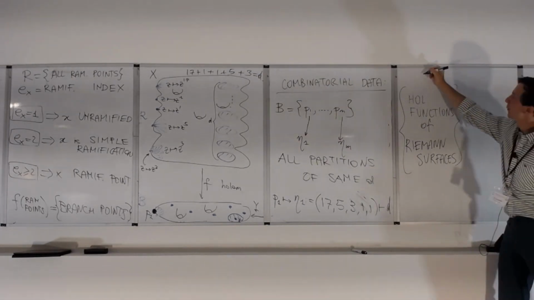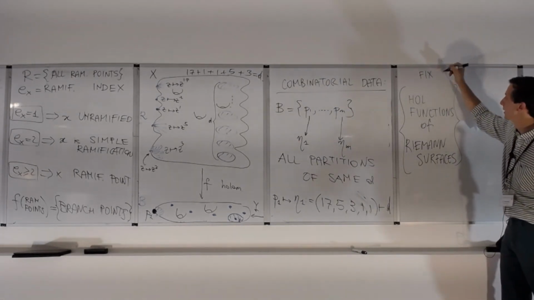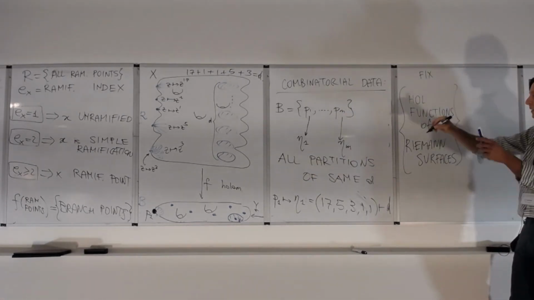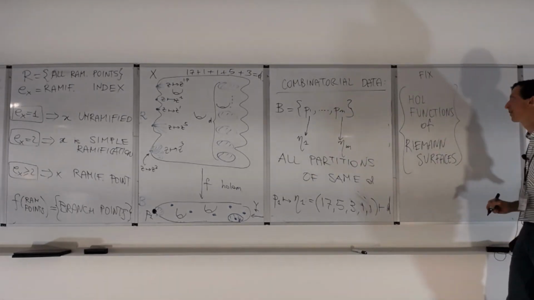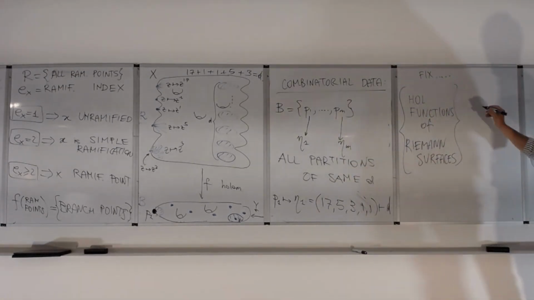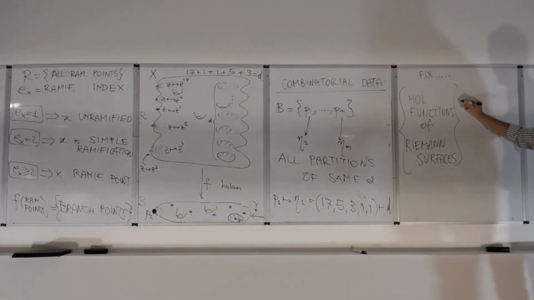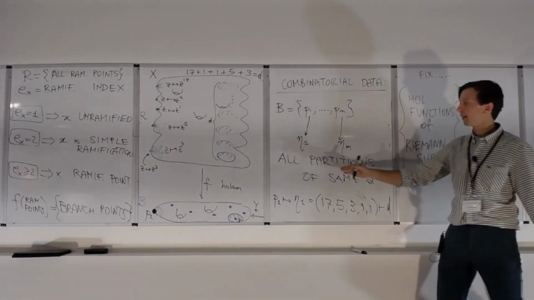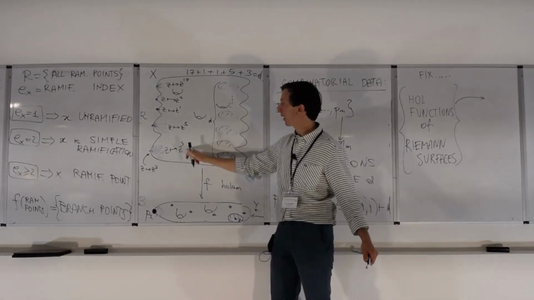And you have to fix stuff. You have to fix the genus upstairs, the genus downstairs, the branch points, and so on. So you have to fix many of these ingredients. But let me say it this way first. Every time you have such a map, F, you can extract these partitions.